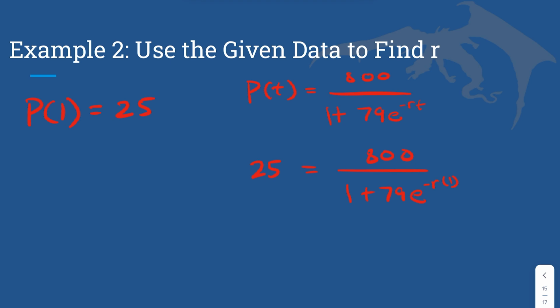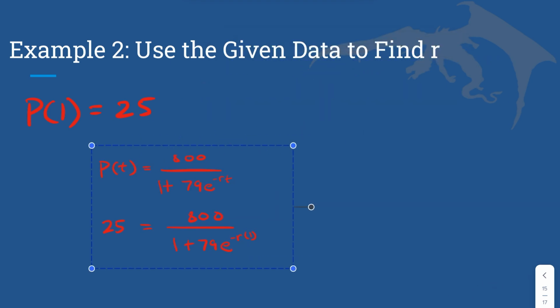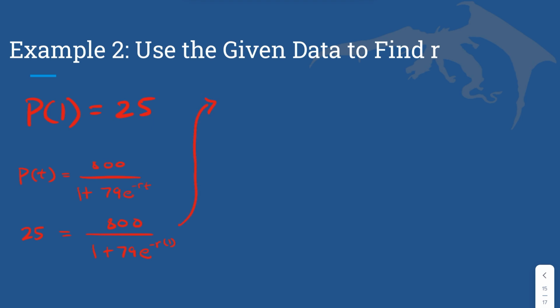We can simplify that. Let's make this smaller and move this over. So 25 is equal to 800 over 1 plus 79 E to the negative R. Sometimes I just like to simplify things. It's just a good intermediate step so you don't make mistakes.